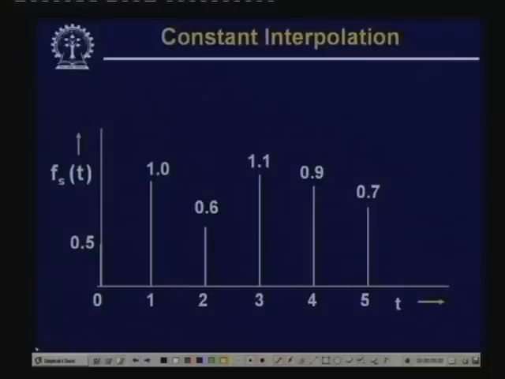So, let us take this particular case. Again we go for constant interpolation. Here again I have shown the same set of samples, and now suppose I want to find out the value of the function at, say, t equal to 2.3.